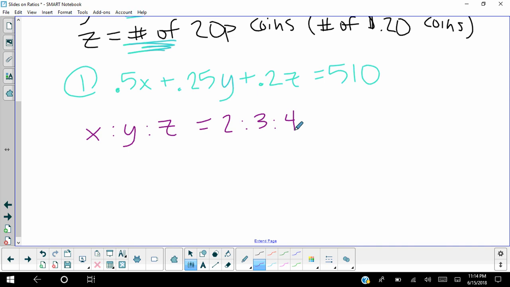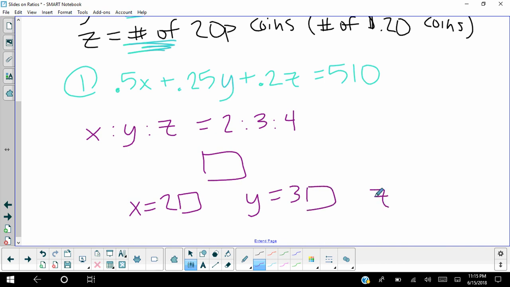If I could figure out this base quantity, then X is going to be 2 times that base quantity, Y is going to be 3 times that base quantity, and Z is going to be 4 times that base quantity.